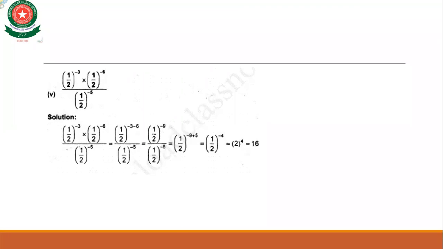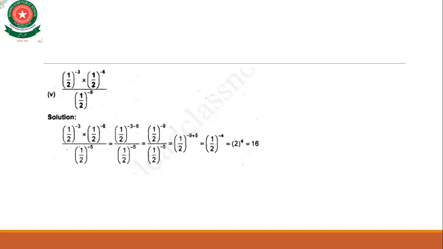When we convert the denominator to the numerator, the sign of the power will change. So the equation will be (1/2)^(-9+5). And we know that -9 plus 5 is equal to -4.